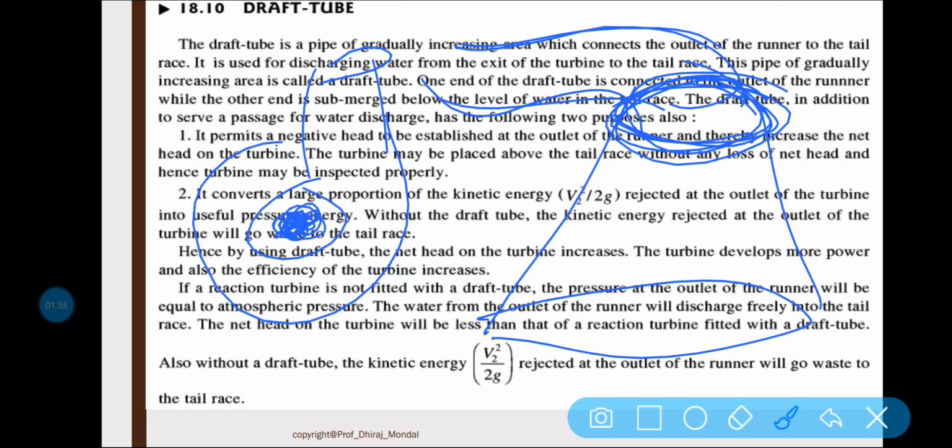So the water cannot come out from the outlet of the turbine, as the outlet pressure is vacuum pressure. We have to reach up to atmospheric pressure so that the water will be discharged. That is why we use a gradually increasing area draft tube.